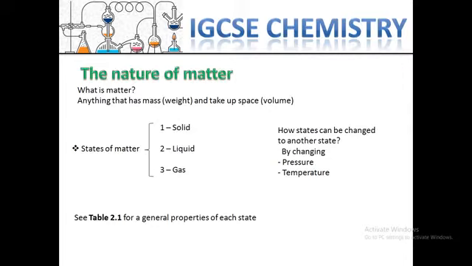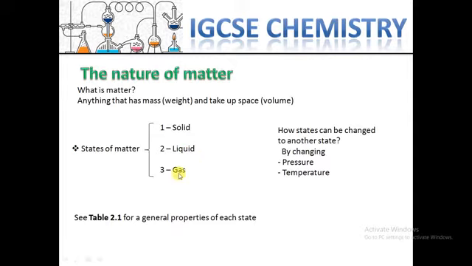So matter can be divided into three main states: solid, liquid, gas. Solid like salt, sugar, that is a solid form, and liquid is like water, like ethanol or alcohol, any other liquid form.